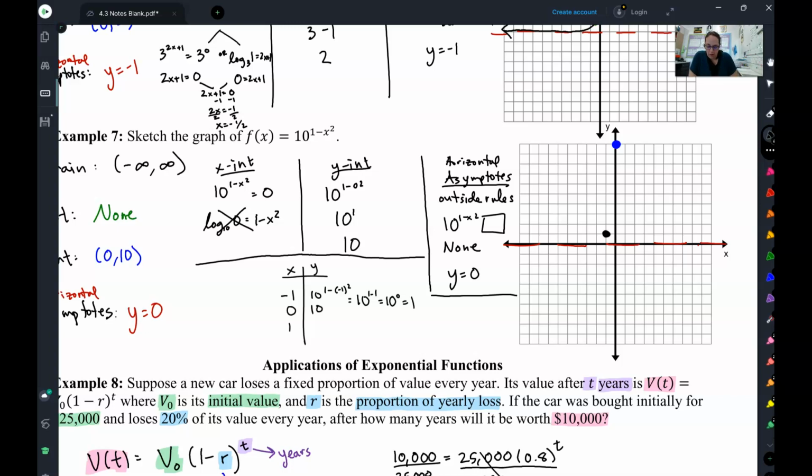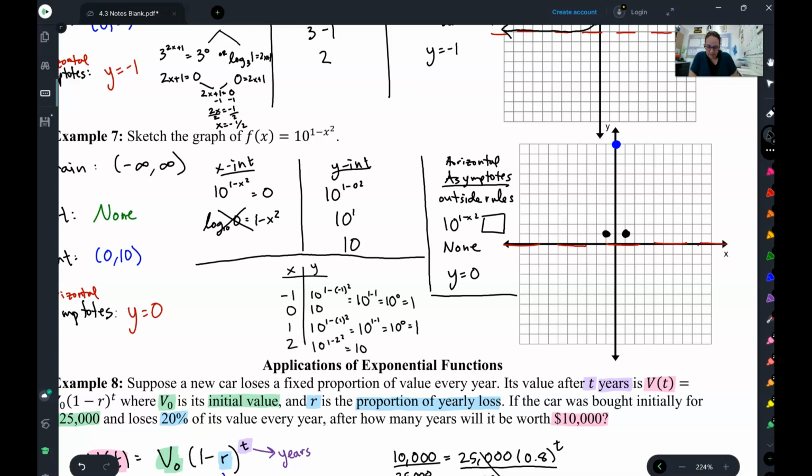If I plug positive 1 in, I get 10 to the 1 minus 1, which is 10 to the 0, which is still 1. So (1, 1) is another point on my graph. And you'll notice very quickly this is not looking like a hockey stick shape. So let's try positive 2.